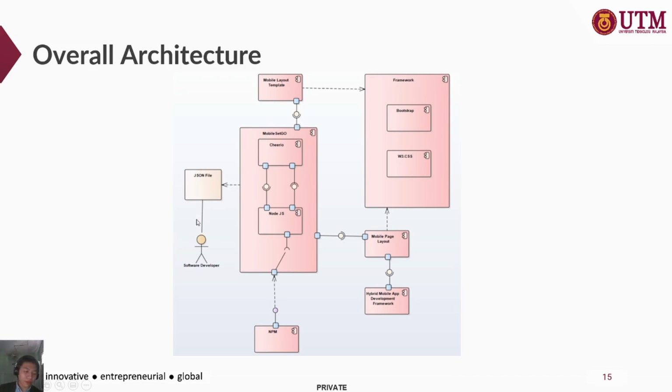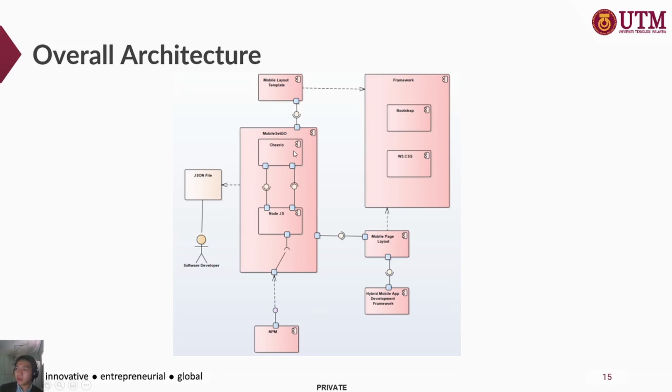So the software developers will mainly interact with JSON files only. The software developer will create the structure in the JSON file, and it will write the structure of the desired JSON file, and it will feed into MobileSetGo.